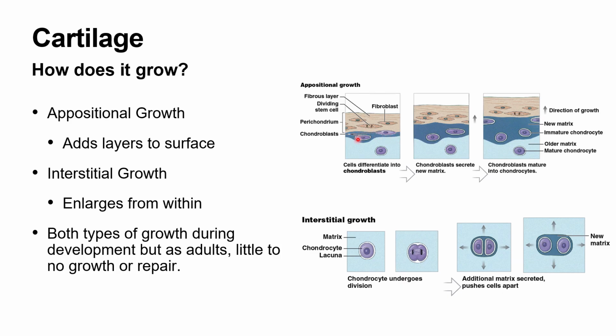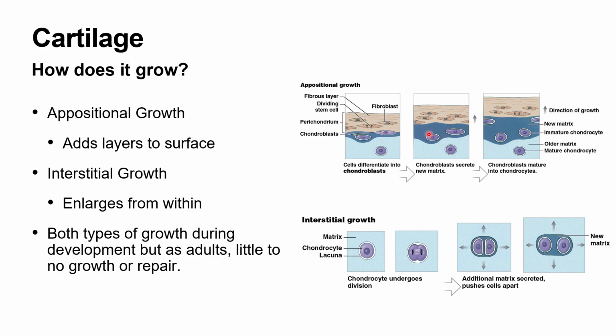Now, what's going to happen is that our original cells, our mesenchymal cells, as they grow, they're going to differentiate into what are called the chondroblasts. And the chondroblasts are going to secrete a new extracellular matrix.